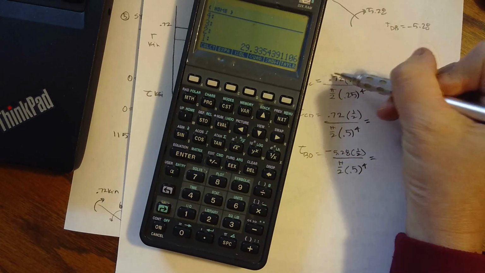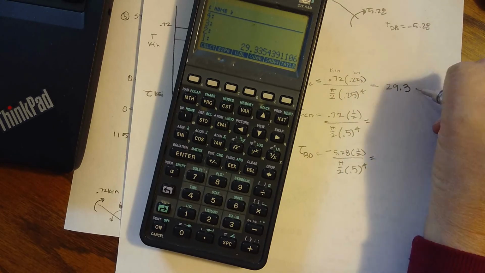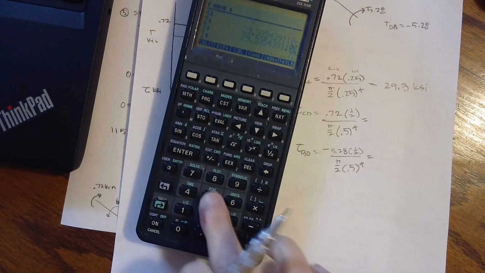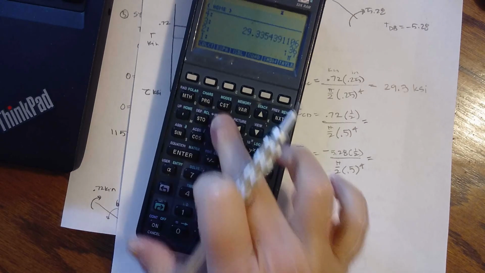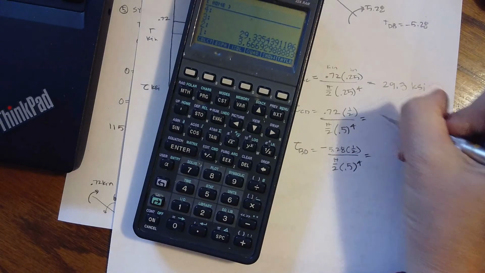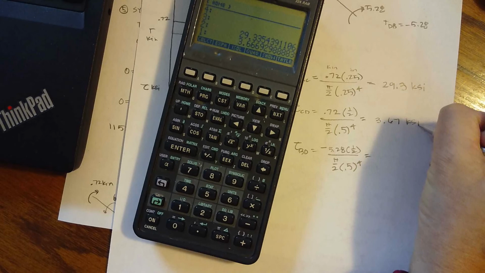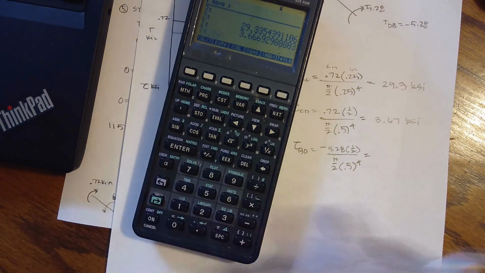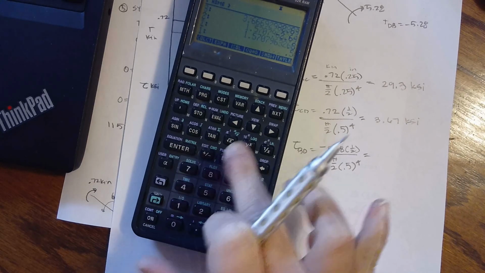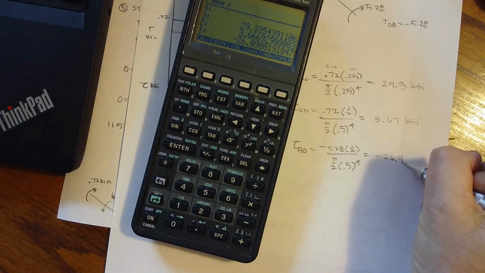We were in kip inches over inches to the fourth, so we are at 29.3 KSI. 0.72 enter, times 0.5, divided by pi over 2 times 0.5 to the fourth, and I get 3.67 KSI. 5.28, change signs, enter, times 0.5, divided by pi over 2 times 0.5 to the fourth. Minus 26.9 KSI.